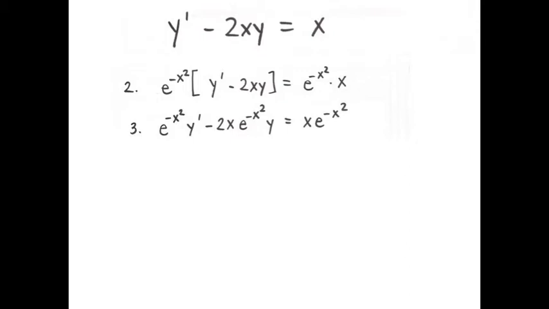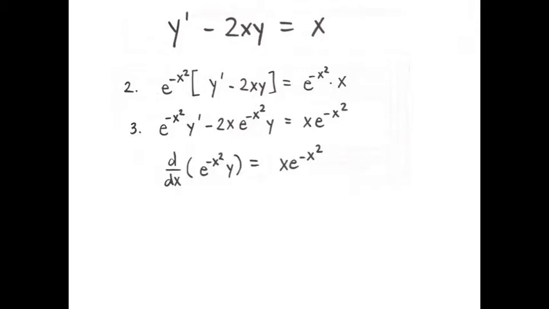And notice how on the left side of the equal sign, you might not see it at first, but it always works out this way, where after you distribute the integrating factor, it turns out that this becomes just a version of the product rule by implicit differentiation.